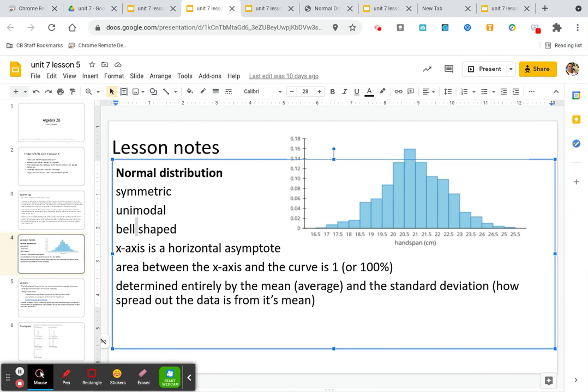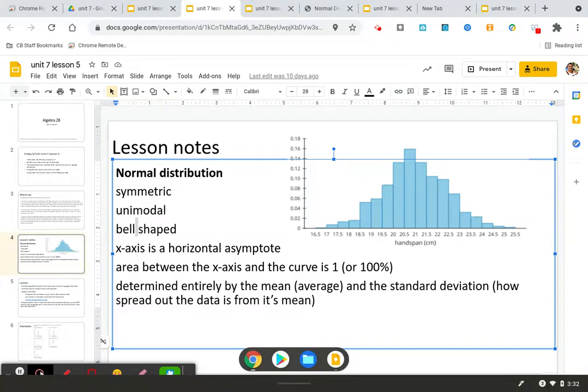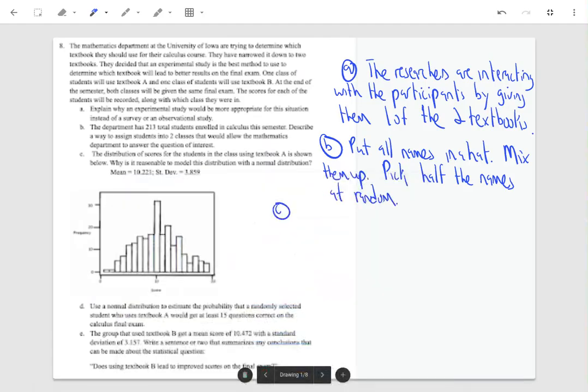Is it bell-shaped? Is it symmetric? Is it unimodal? Is it perfectly symmetric? No. But is it roughly symmetric? Yes.